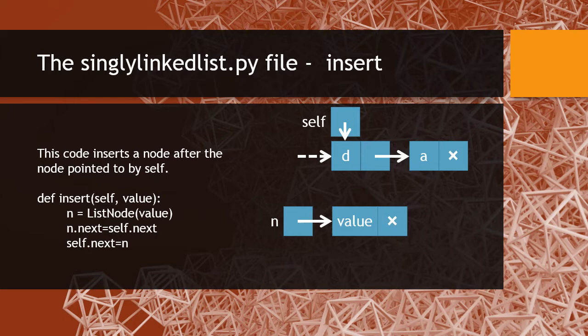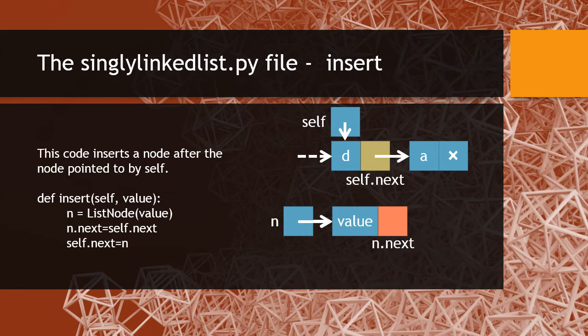The next line says n.next is self.next. What is n.next and what is self.next? Let us see. This is n.next and this is self.next.